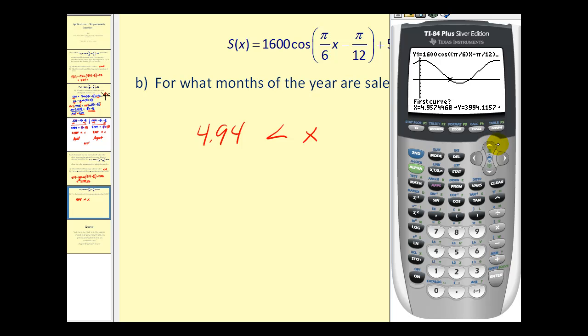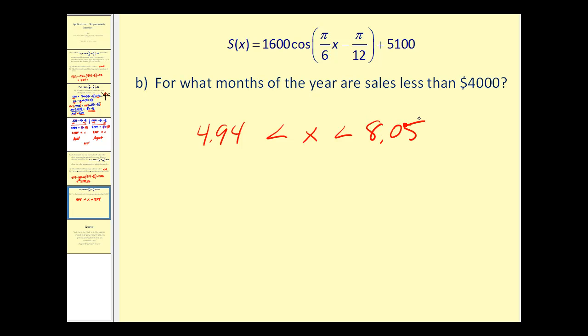Scroll over to the right, press enter 3 times. This value is approximately x equals 8.05. So when x is between 4.94 and 8.05, the sales are below $4,000.